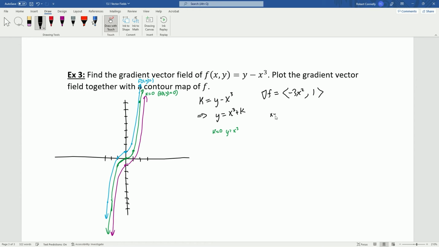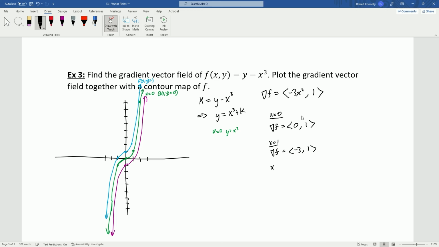So if I take x equals 0, I get that the gradient of f equals 0, 1. And then when x equals 1, the gradient of f is going to be equal to negative 3, 1.